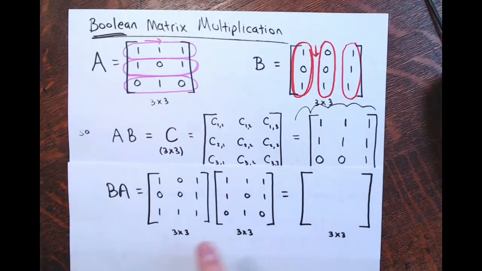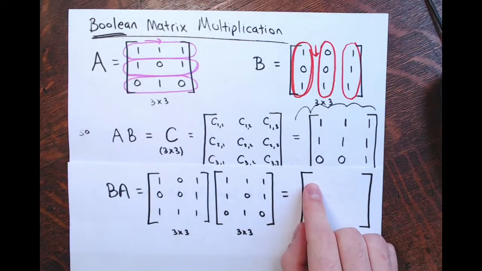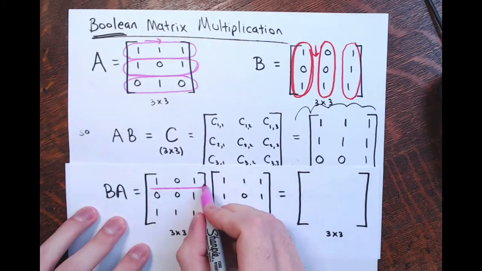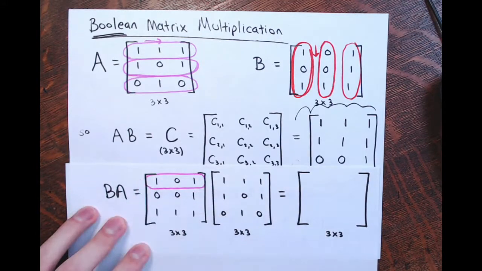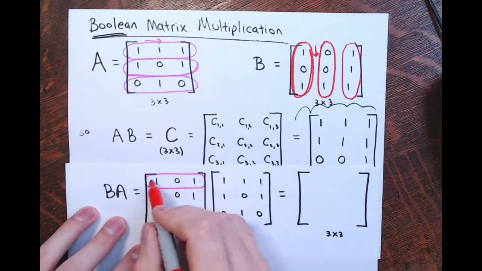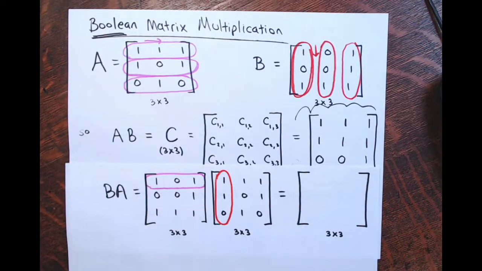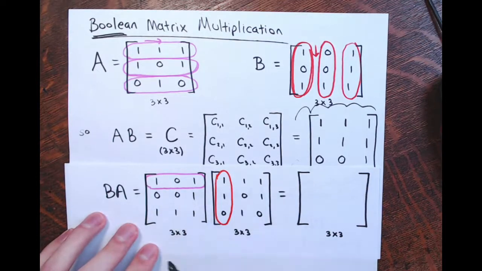So now the first row, first column entry of this product, now I'm taking the first row of B, right, the first row of the left matrix, dot product with the first column of the right matrix. So you have 1 times 1, so this is going to be 1. There's a 1 times 1 there. 1 times 1 plus 0 times 1 plus 1 times 0. 1 plus 0 plus 0 is 1 when you're doing it in Boolean.